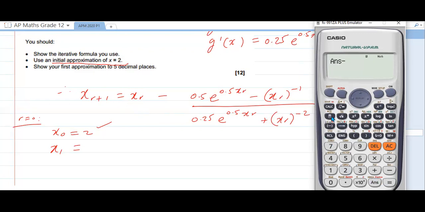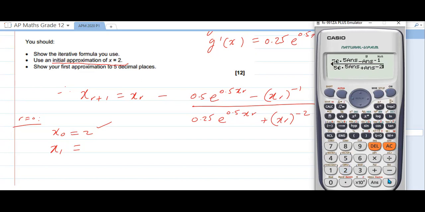Answer, minus 0.5 shift e to the power 0.5 Answer, minus Answer to the power minus 1, over 0.25 e to the power 0.5 Answer, plus Answer to the power negative 2.